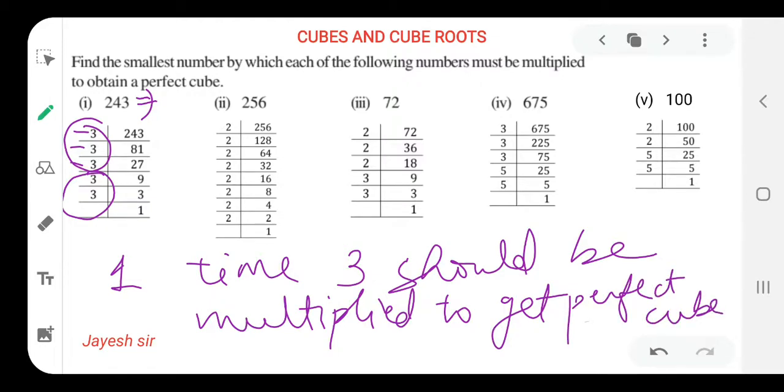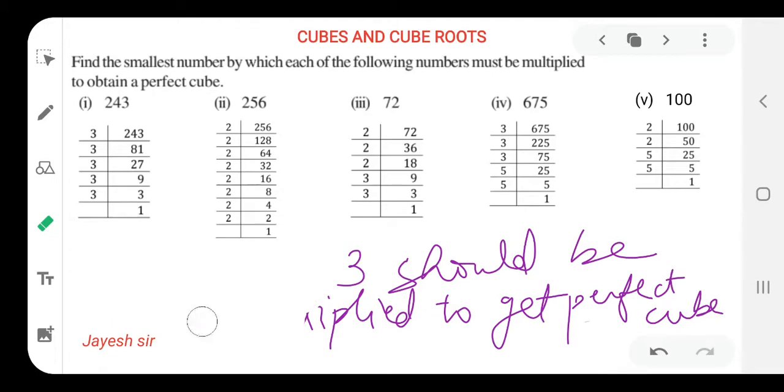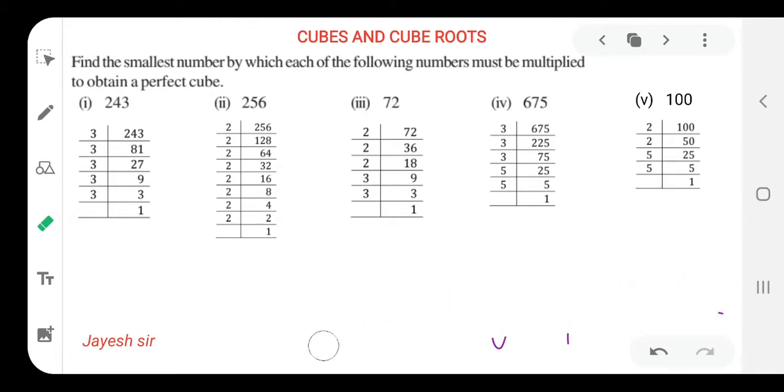Yes, how have we come to understand how we are getting this answer? Because a group of 3 3s should be made, but here we are obtaining 2 3s. If there would be one more 3, then we could find that the answer obtained is a perfect cube. So here in the answer section, what I am writing is that it should be multiplied with 3 once only.